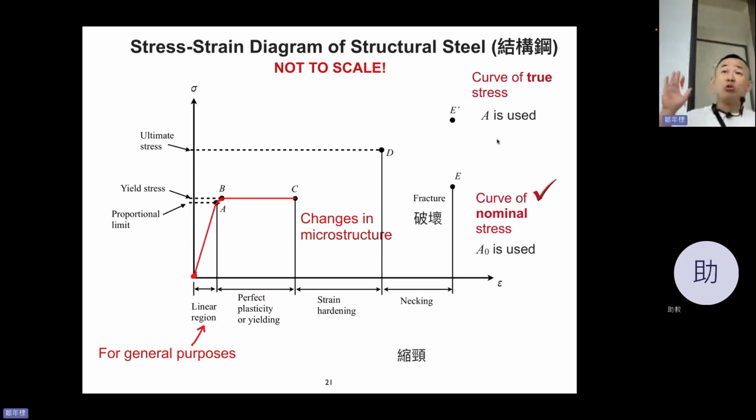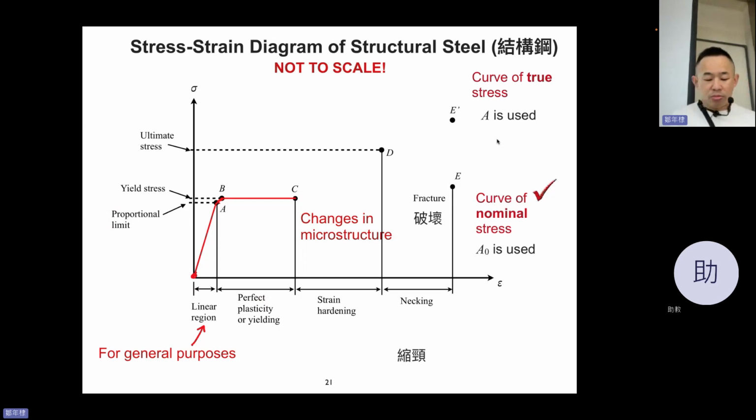The material yields, they just refuse, give up. So a lot of strain occurs. But at some point, the material finds that it cannot do that anymore, and it still needs to fight. So it changes its microstructure.